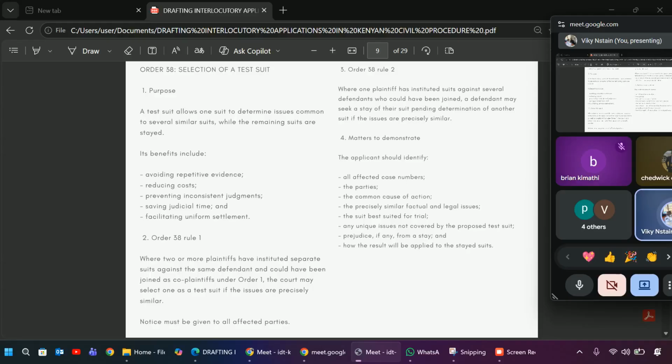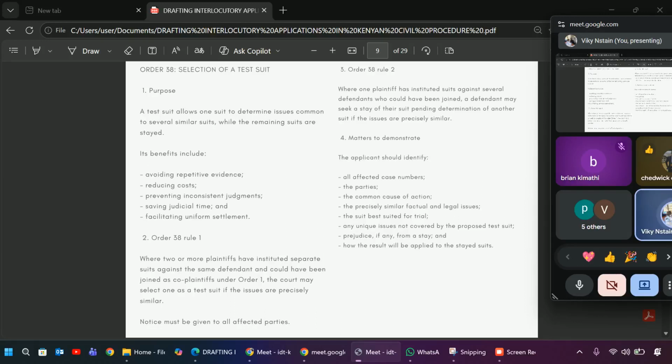So that is a bit far-fetched, but here we want to prevent inconsistent judgments because I don't see a situation where if you fail to make an application for a test suit, automatically you will be faced with inconsistent judgments. It is to your detriment, in fact. You will use a lot of cost and time, but I don't see where you'll be told that the matter is sub judice because they are different parties. Good.